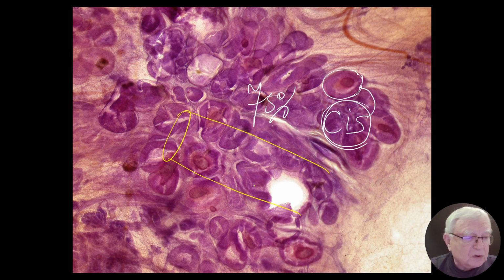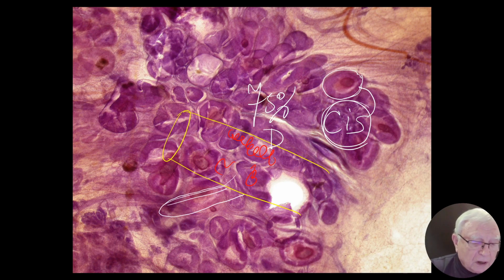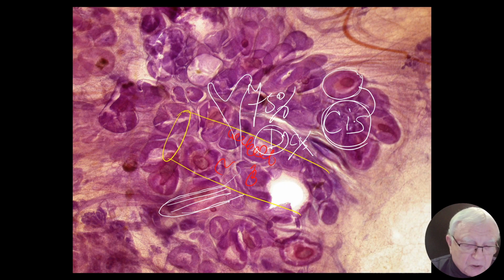If the cancer cells originate from the major lactiferous duct, yes, it's ductal. But you see, by the time we find it, just like a saguaro cactus, it has a side arm, so it's not cancer in situ. It's ductal, but not cancer in situ. This is cancer in situ, but not ductal.